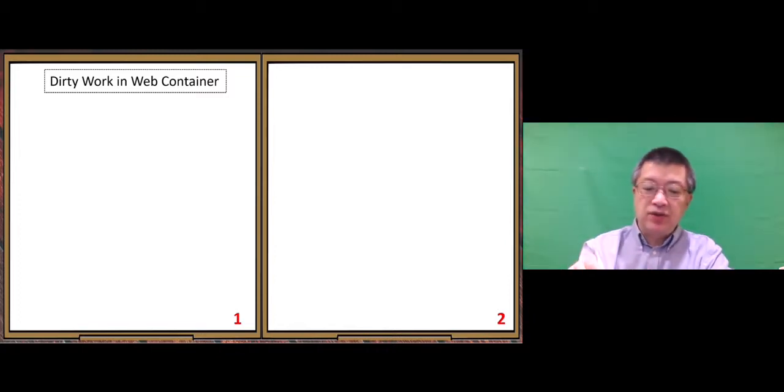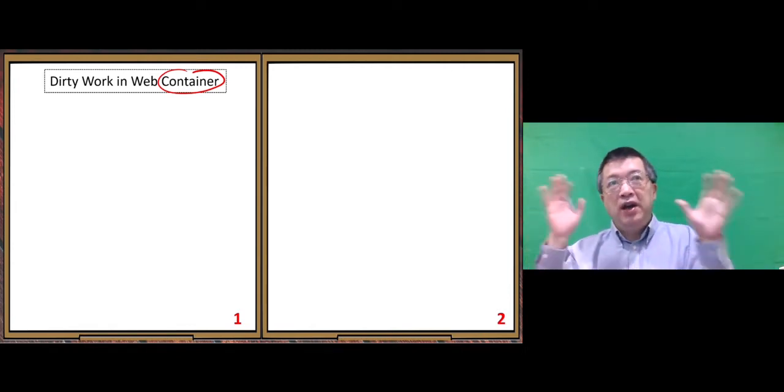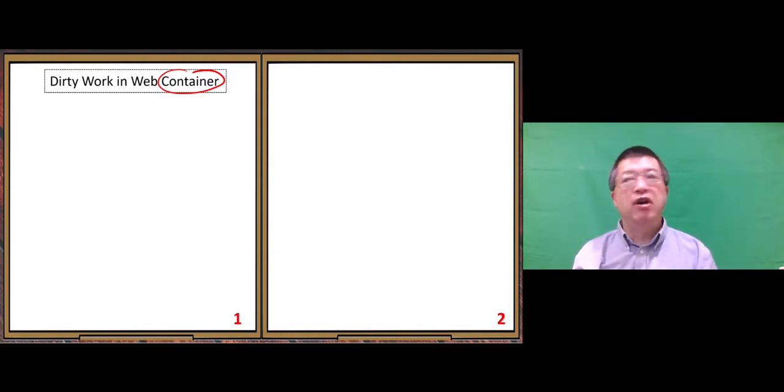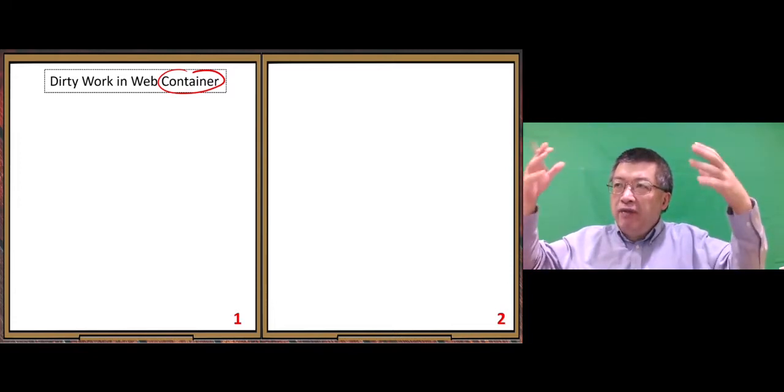So here we use this container concept, web container. Let me describe this container a little bit. You will see this term many, many times. What's a container? The general description is a general software running environment.